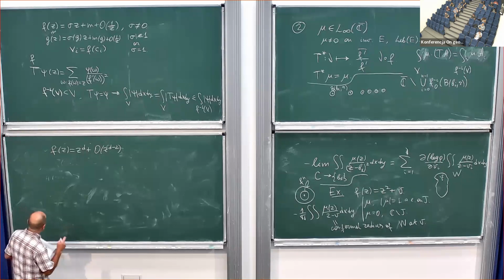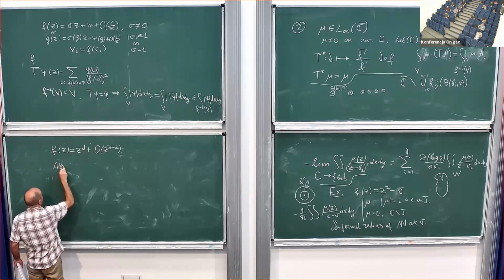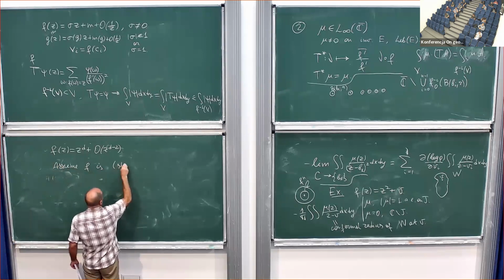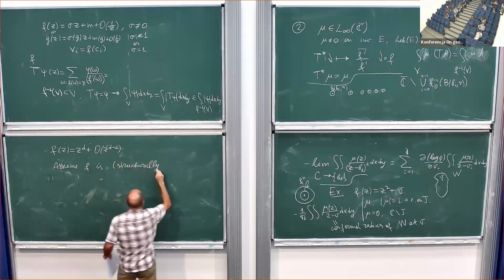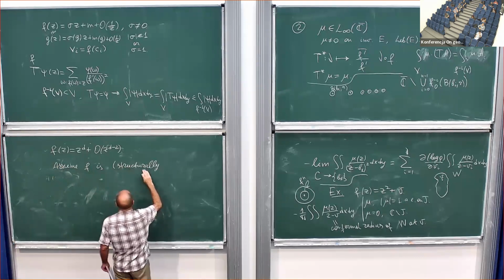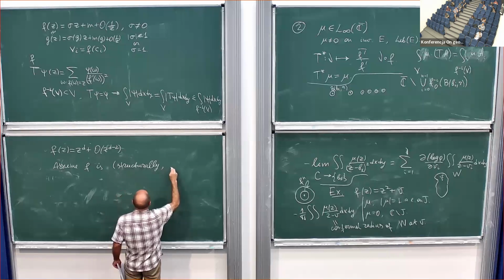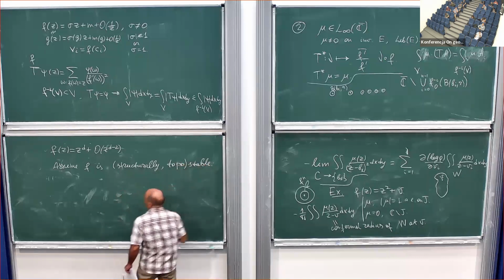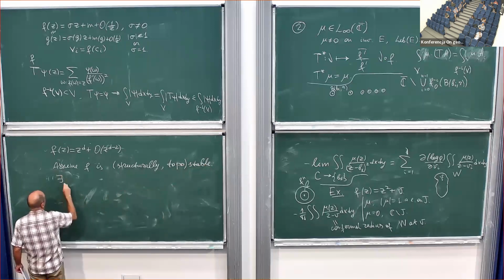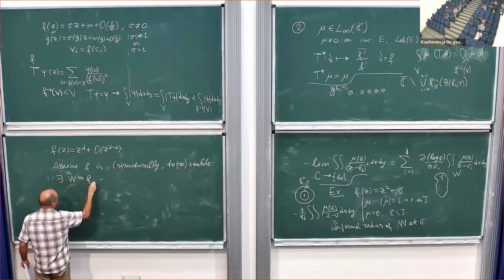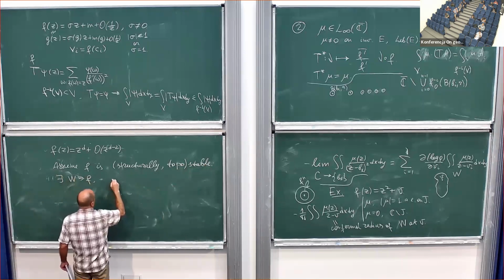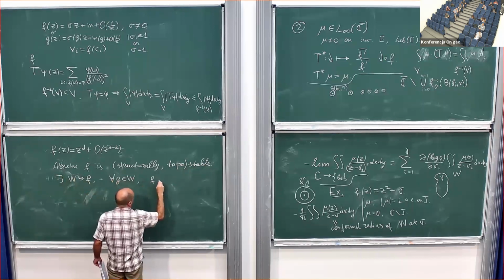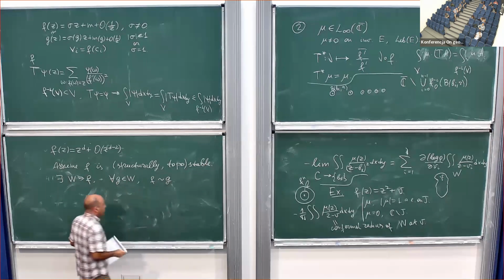So assume that F is structurally, or topologically, this is the same, stable. So for every G there is a neighborhood in our space such that F and G are topologically conjugate. Okay.